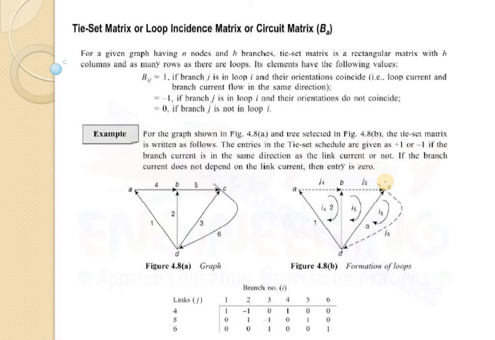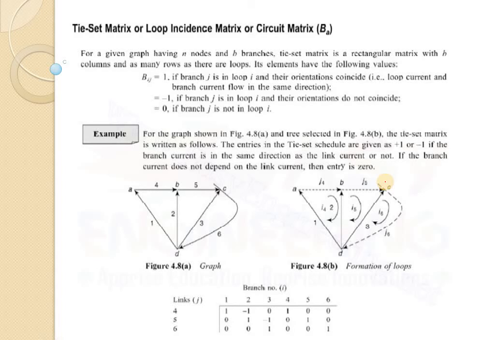The tie-set matrix, or loop incidence matrix, or circuit matrix, is represented by capital B suffix A. For a given graph having n nodes and b branches, the tie-set matrix is a rectangular matrix with b columns and as many rows as there are loops.